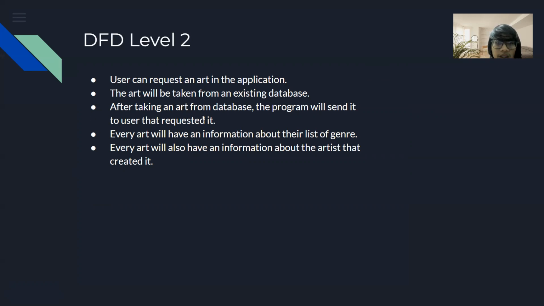And then after taking an art from the database, the program will send it to the user that requested it previously. And every art will have information about its list of genres and also the list of artists that created the art itself.